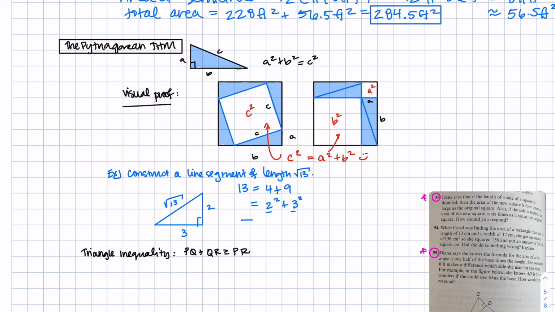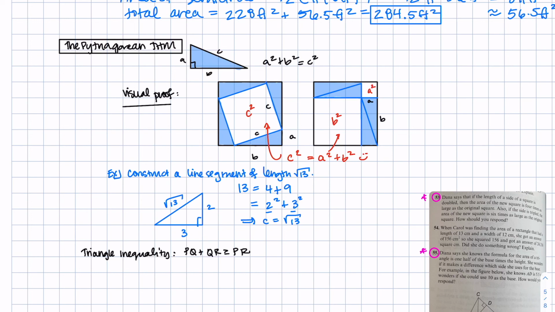So this means that C should equal the square root of 13. Okay, so we can use this to construct this irrational number. The construction, the answer, is really just this line segment. I don't know how to circle that, so I'll leave it here.